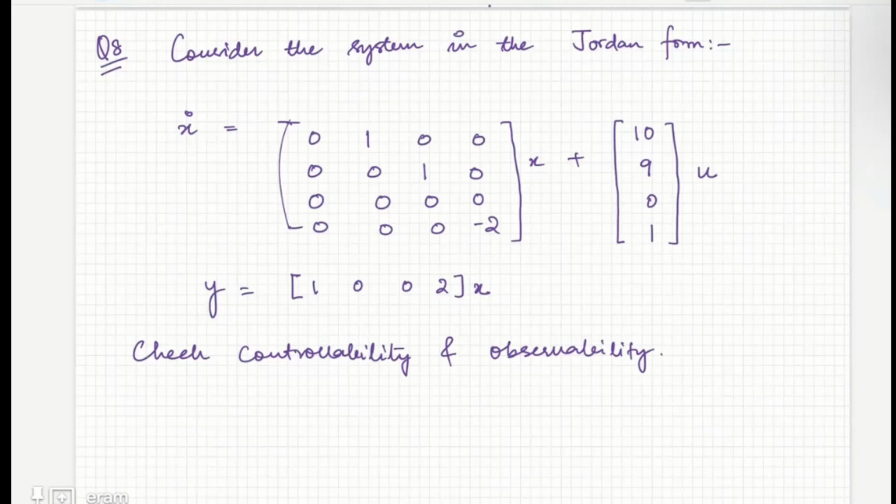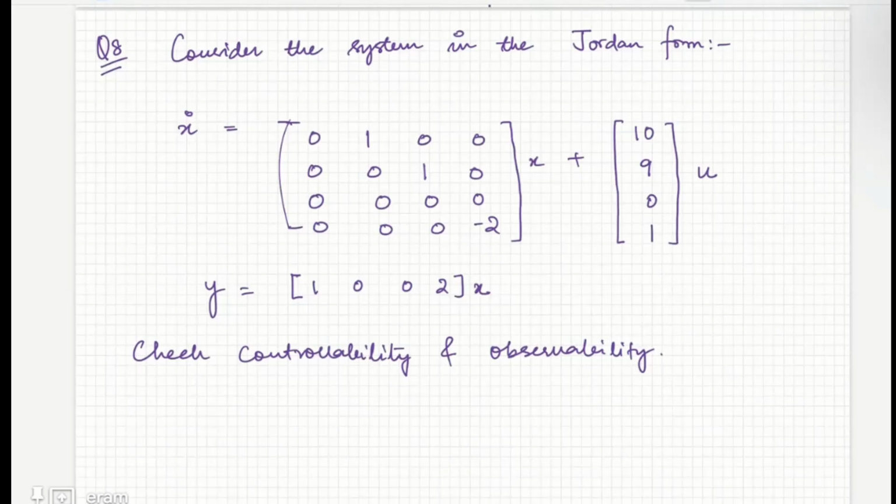The diagonal entries of the Jordan form give us the eigenvalues, and the super diagonal entries give us information about the geometric multiplicity of that eigenvalue, allowing us to distinguish between the Jordan blocks. The entries of the matrix B or the matrix C corresponding to the Jordan blocks allow us to conclude whether the system is controllable or observable.